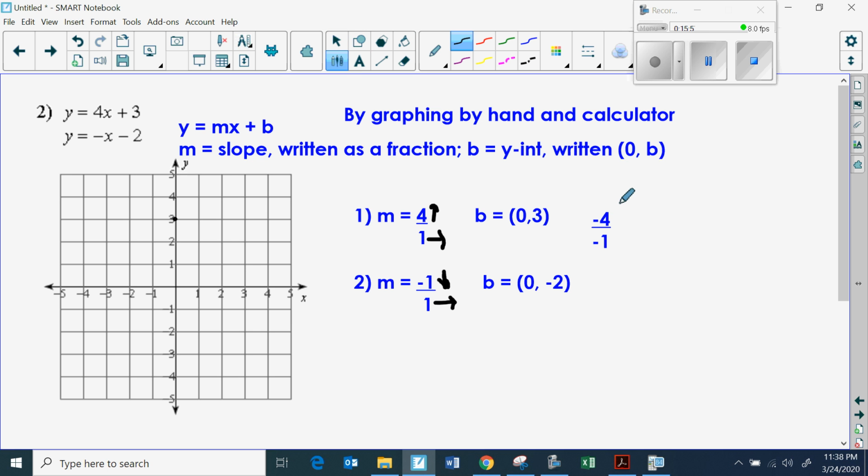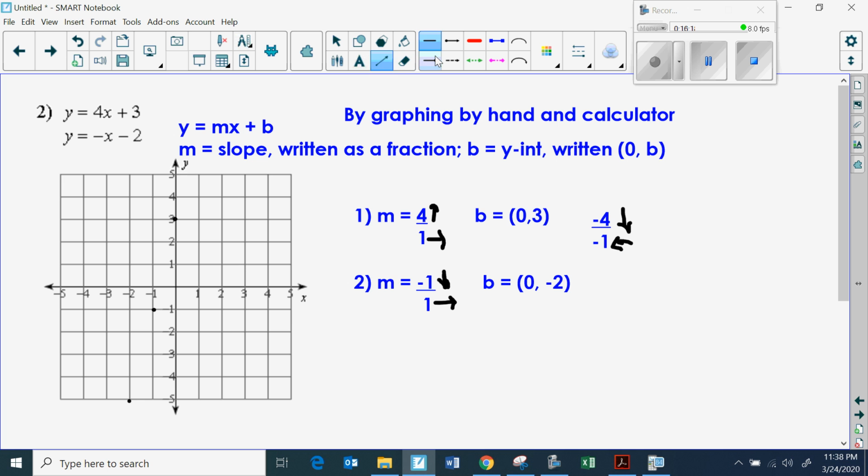So I can go ahead and go down 4 and left 1. And notice that will take me on the screen. 1, 2, 3, 4, left 1. Okay, so there's that line.